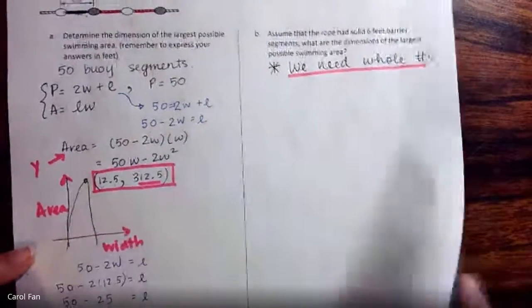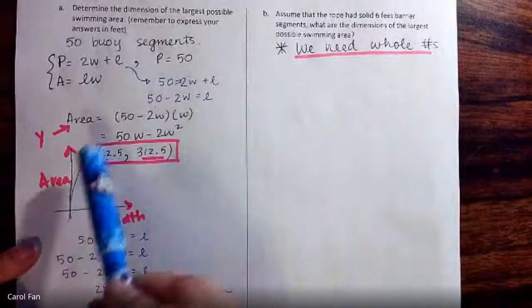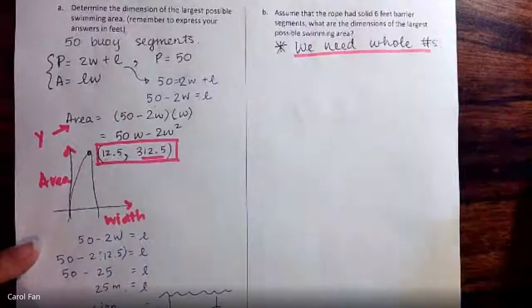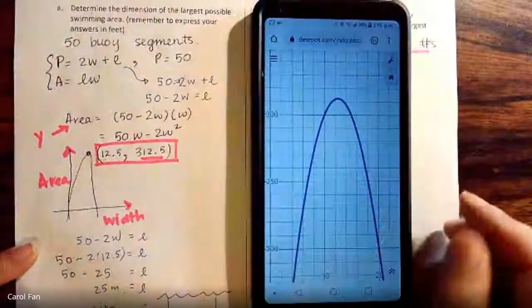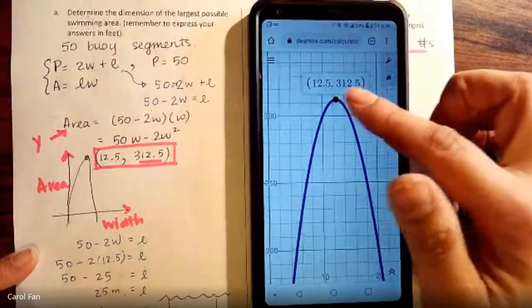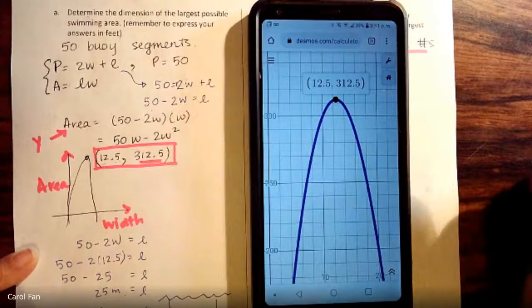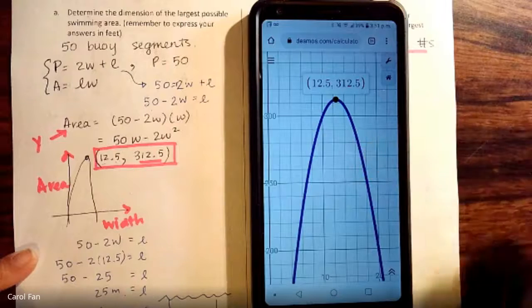Let's go back to our previous question, and I'm going to use the graph that I have, but I need to find what the values are at the closest whole number. We have 12.5, so the closest whole number would be at 12 and at 13.